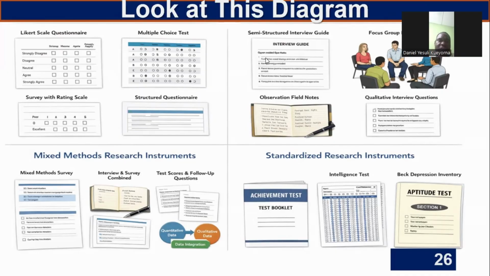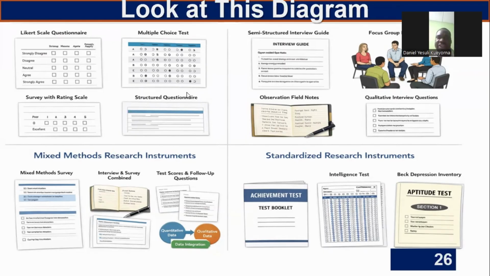Next slide. So we have diagrams here showing all the instruments that we are working with. So we have the Likert scale, that's a sample of it. We have the survey, we have the mixed method survey, we have interview and survey combined. We also have test score and follow-up questions. We also have structured questionnaires. We have multiple choice tests.